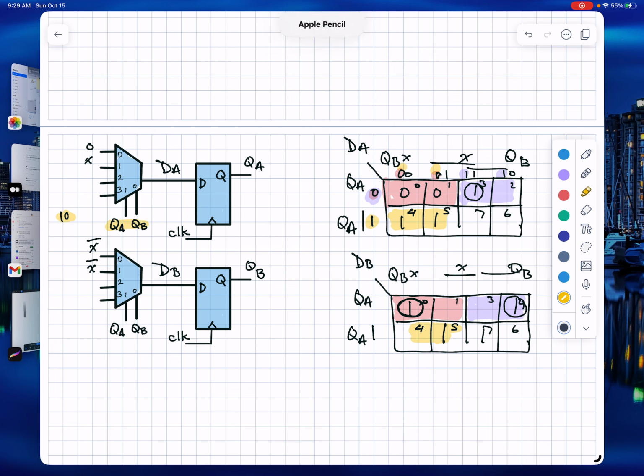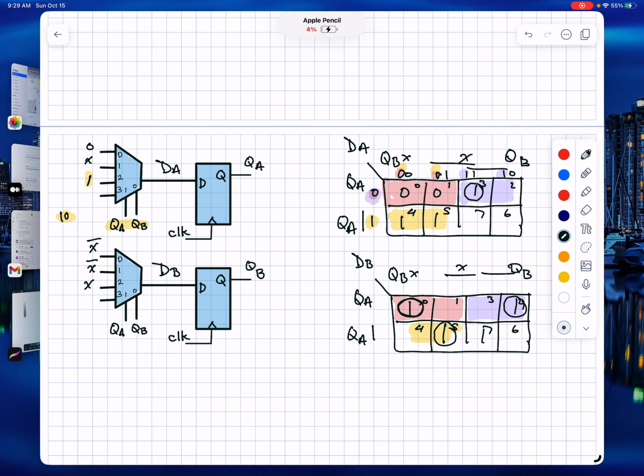My pen just died. Give it a second. On the A flip-flop, you have 2 1s. In that case, line 2, because we're looking at 1, 0, would be tied to a 1. On the second one, I do this circling, and that's on the X side of the map, so this would be X.